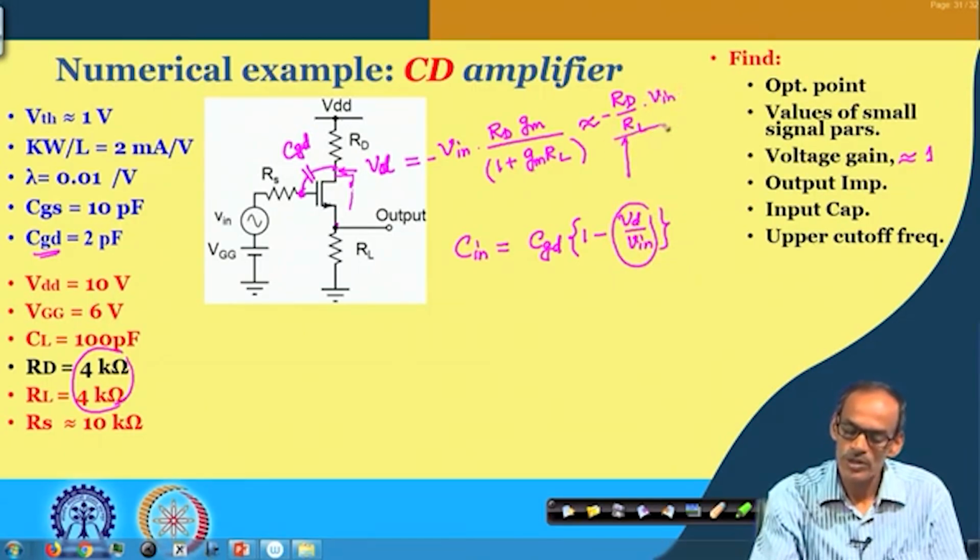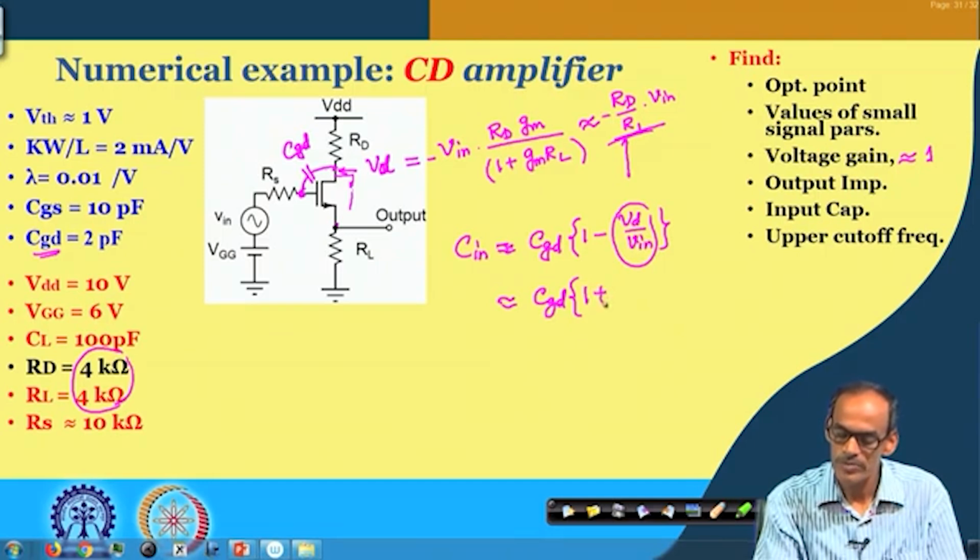So, from this equation, if you see this part, it is CGD multiplied by 1 and then minus minus 1 is also there. So, it becomes plus 1, RD by RL.